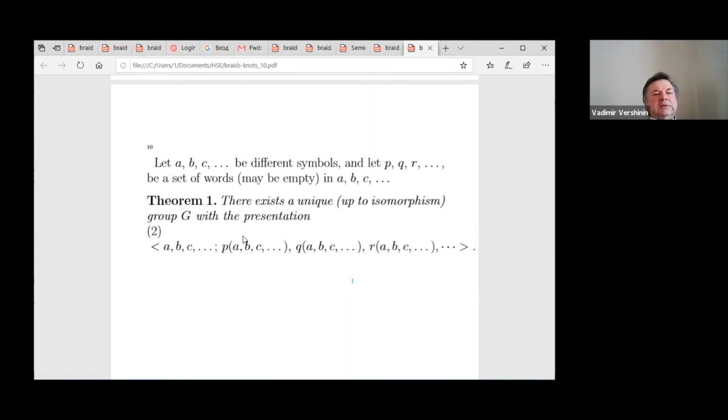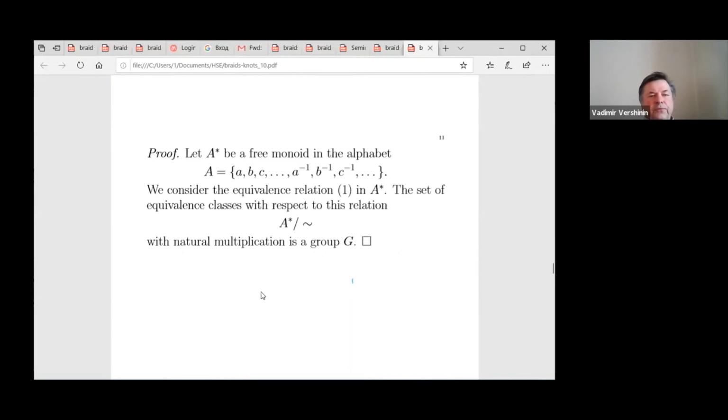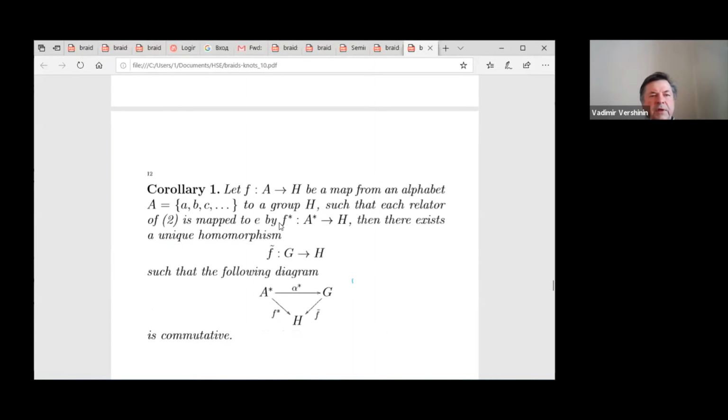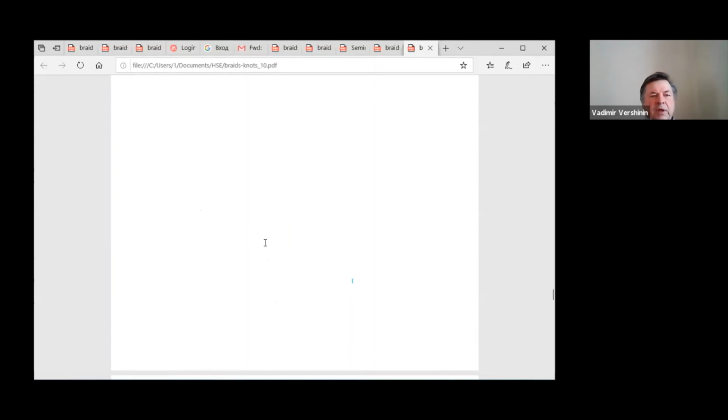Simply consider all words in these generators and make the equivalence due to this set of relators. The language factorized by this will give you the presentation of the group. This is a proof, and this is the universality property.